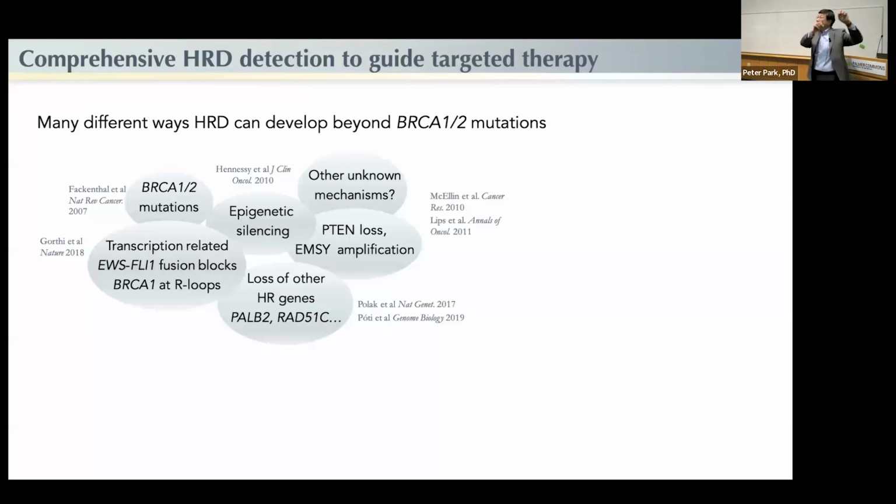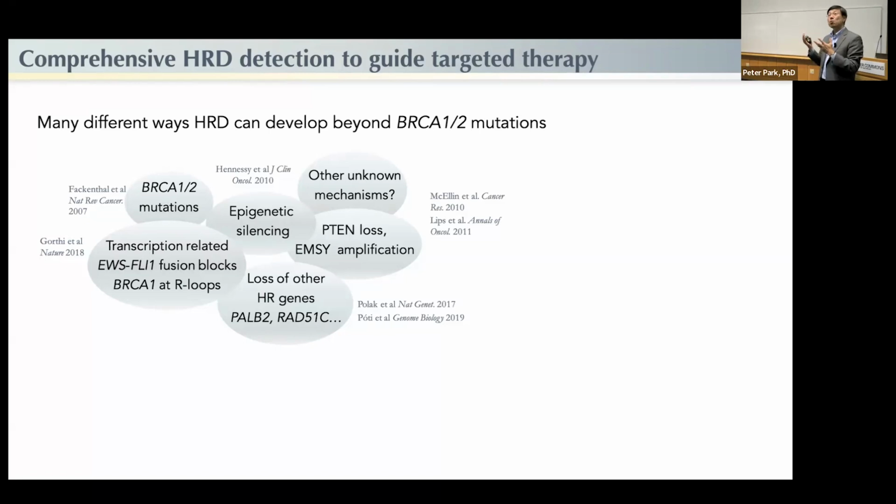So we don't actually care exactly what component was deactivated. The consequence is that the mutations are of the signature 3 type, right? So these are all different kinds of mechanisms, epigenetic silencing, PTEN loss, et cetera. We don't care. All of these things will generate signature 3.